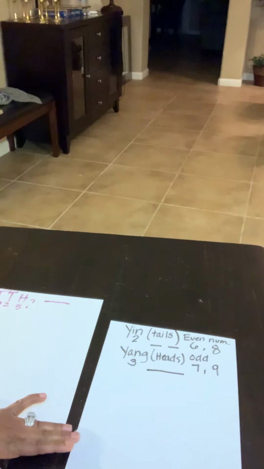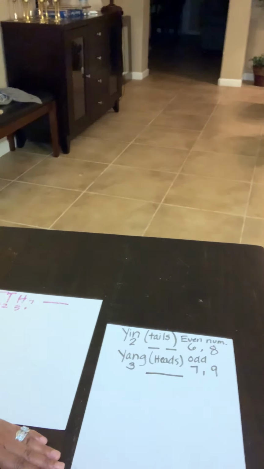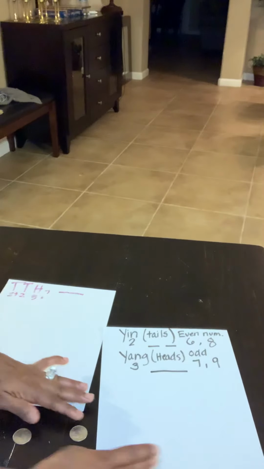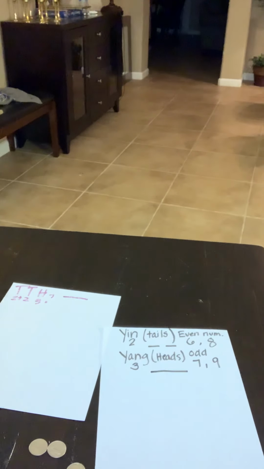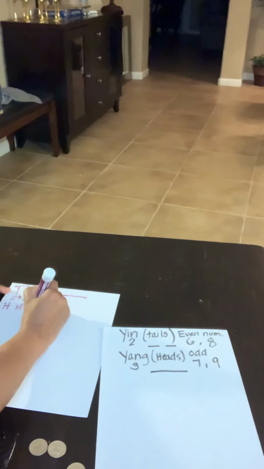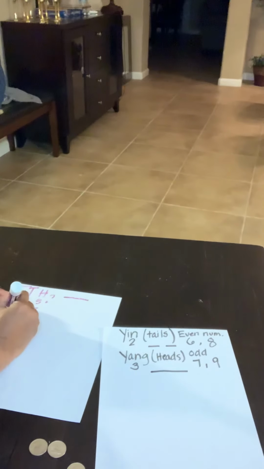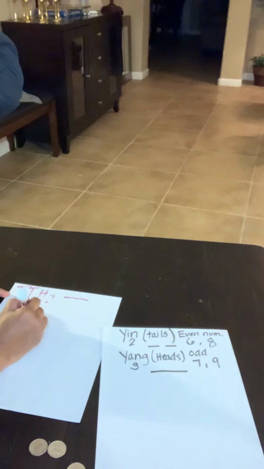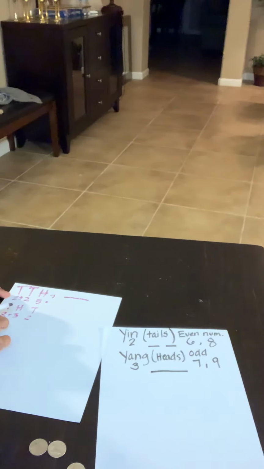Now we're going to toss again, and we're going to do this 6 times. Now we have 2 heads and a tail. Heads is 3 and tails is 2, so 3 plus 3 is 6, plus 2 is 8.